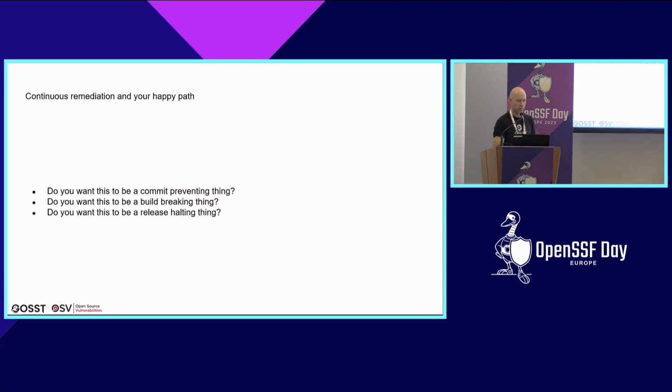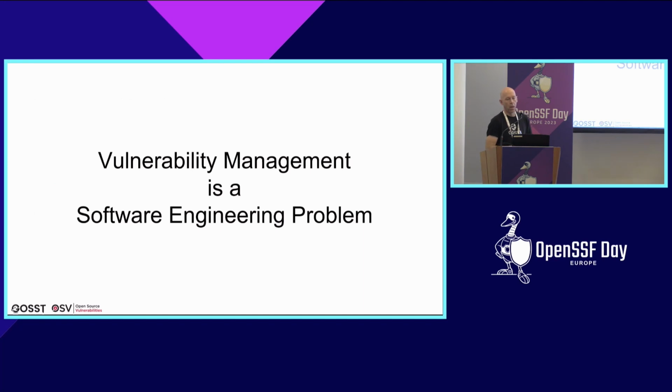This leads me to a really important consideration. I said at the beginning that vulnerabilities are just bugs. They're bugs that you may need to be fixing under time pressure. This requires you to introduce potentially breaking changes into your application's code and then ship a release. And you need ways to be able to do this quickly with a high degree of confidence.